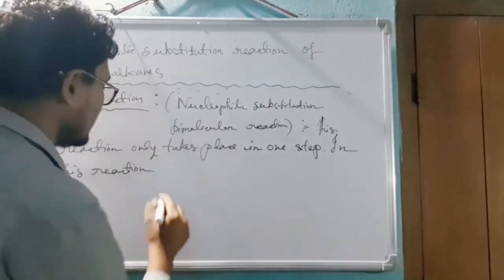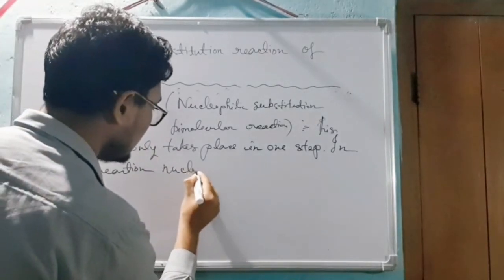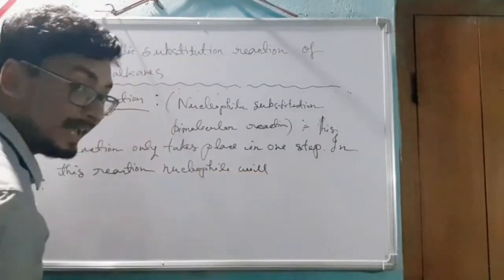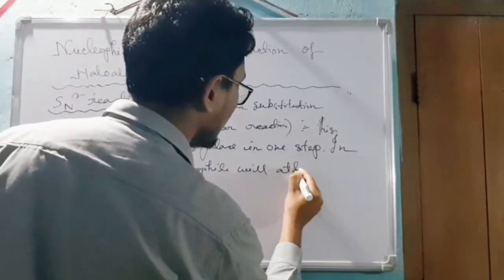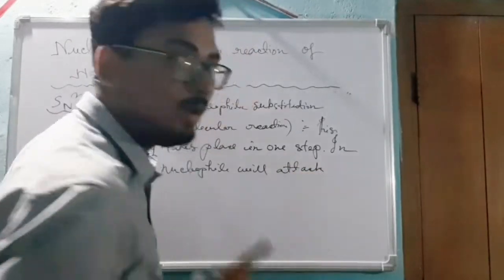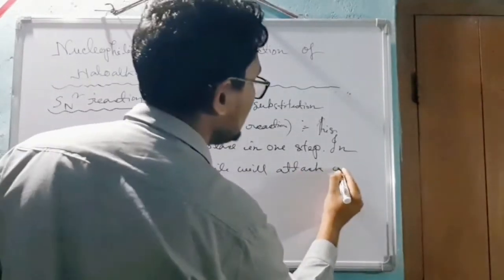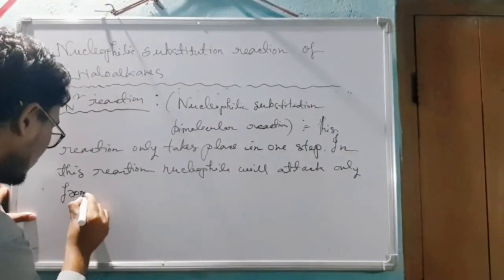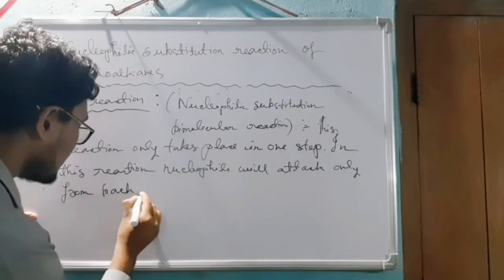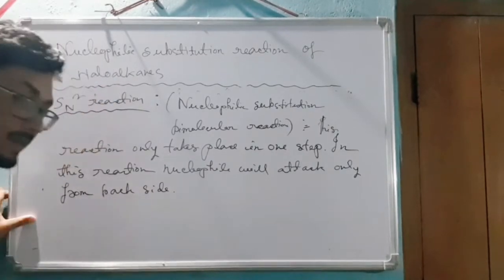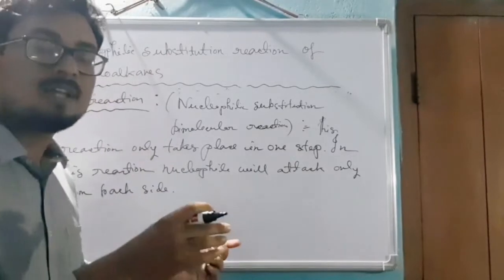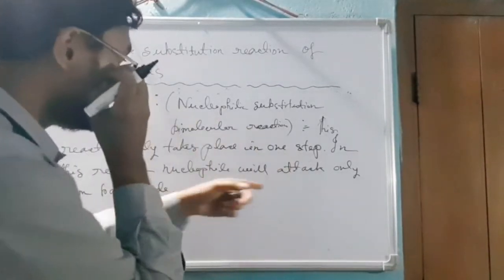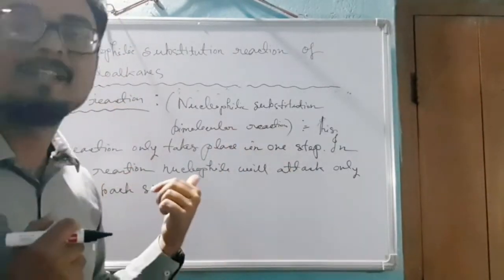Earlier, the nucleophile could attack from both sides, front and back. Here, the nucleophile will attack only from the back side.